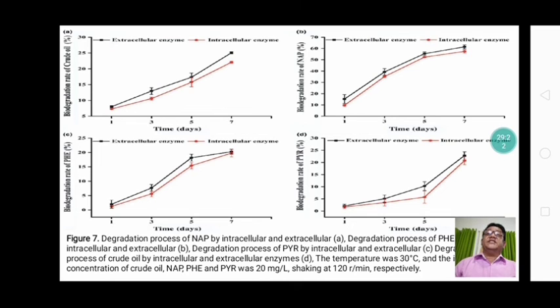The diverse parts of the enzyme perform differently for the different substrates. From days 1 to 7, degradation efficiencies of crude oil, naphthalene, phenanthrene, and pyrene by the extracellular enzymes were slightly higher than those by intracellular enzymes.